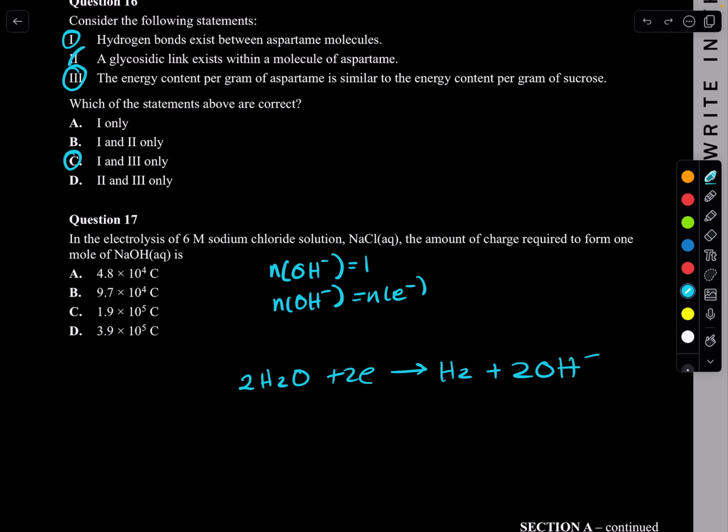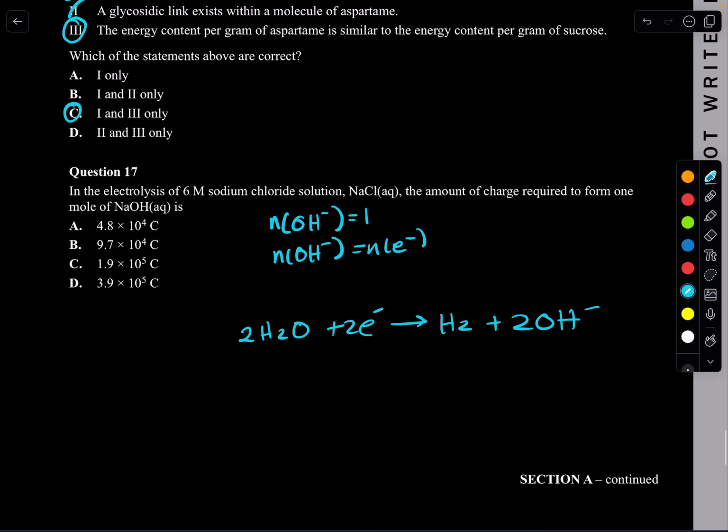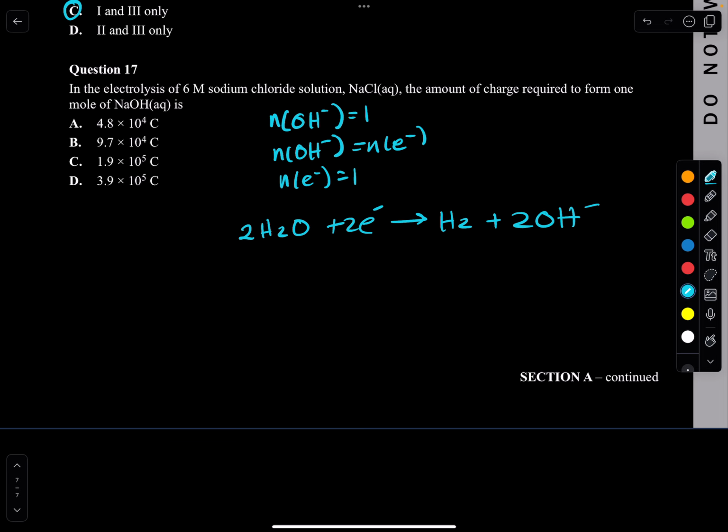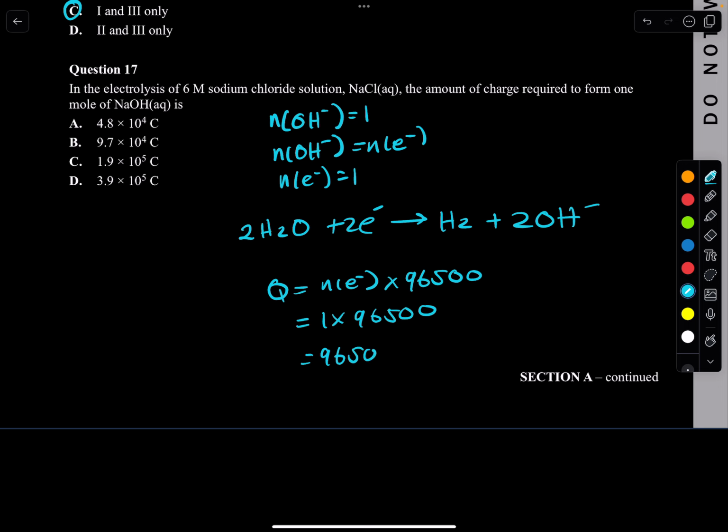So the moles of electrons are actually 1. Using the formula to calculate charge, Q is the number of moles of electrons times Faraday's constant, which is 96500. So 1 times 96500 gives you 96500 coulombs.